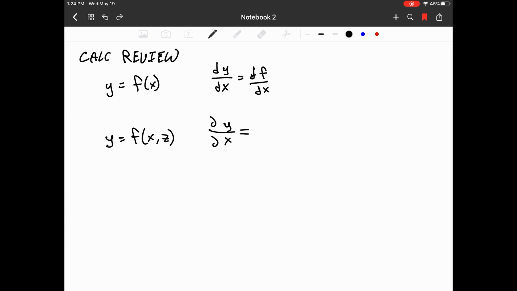So the way we write this is the partial derivative of f of x z with respect to x. And z here is just being held constant. So that's the notation. Sometimes I'm a little bit sloppy with this.